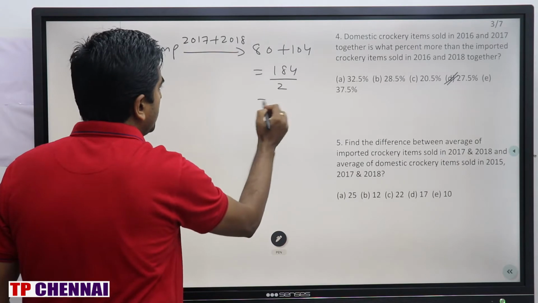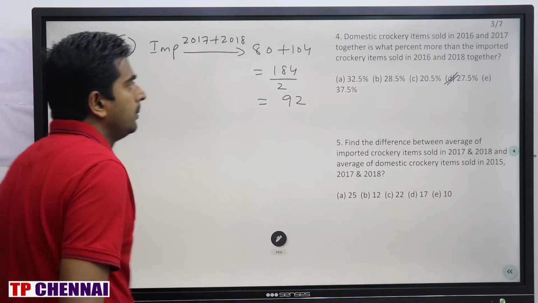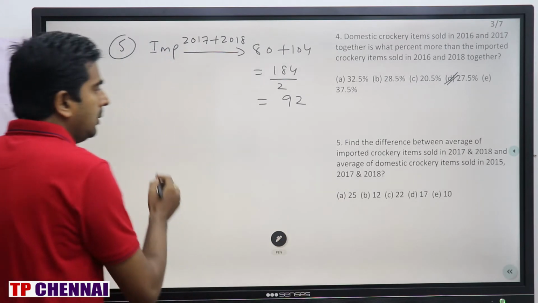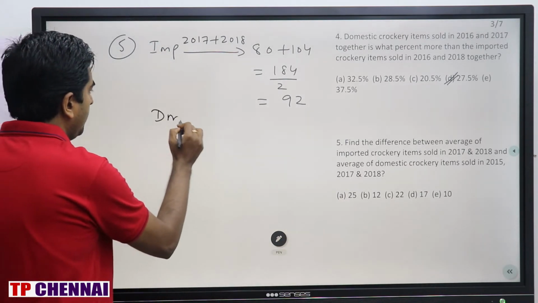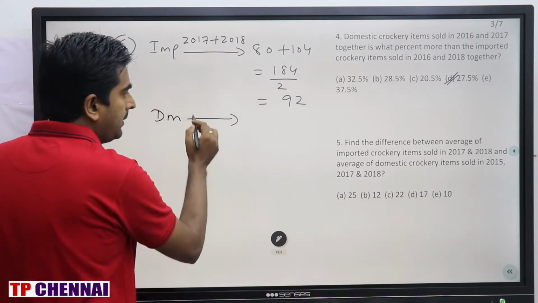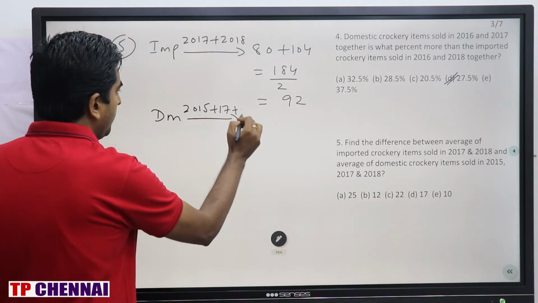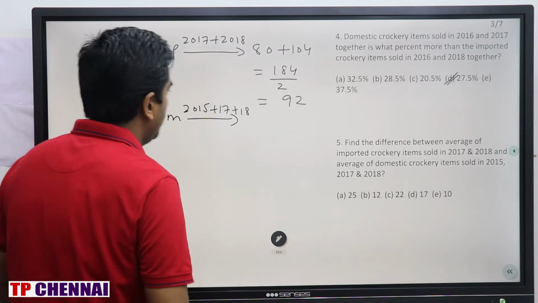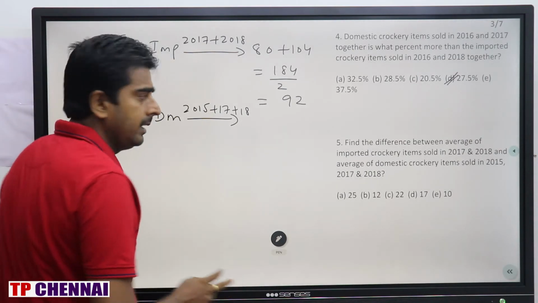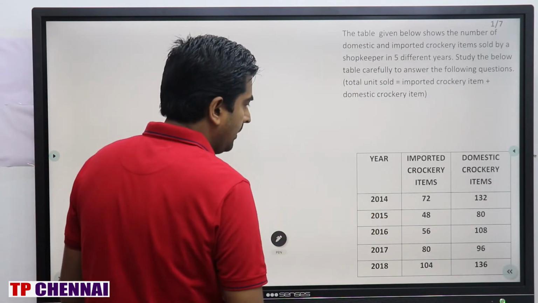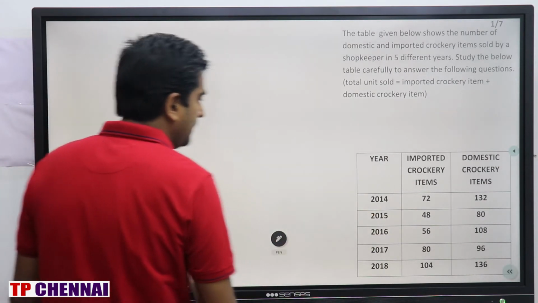Average, so divide by 2. What is the answer? 92. Right? And domestic average in 15, 17 and 18: 80, 96, 136.